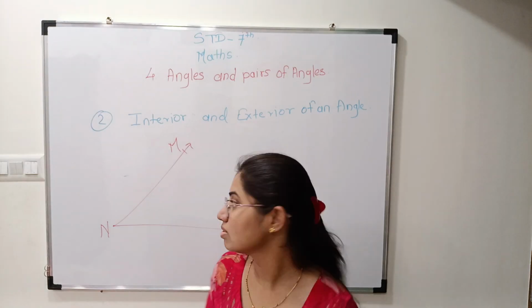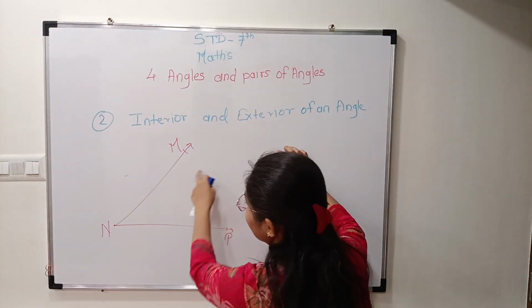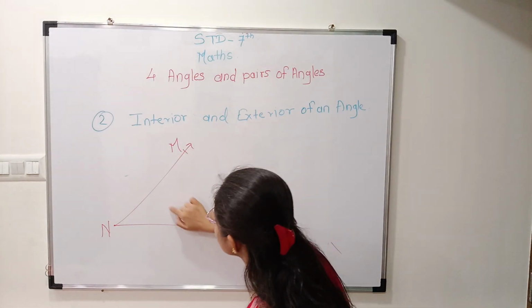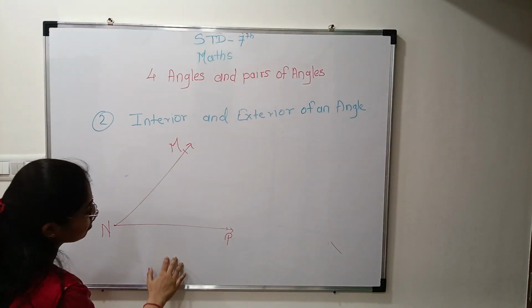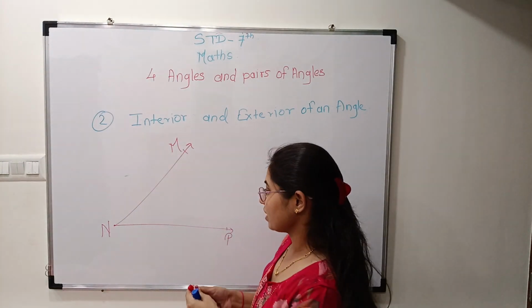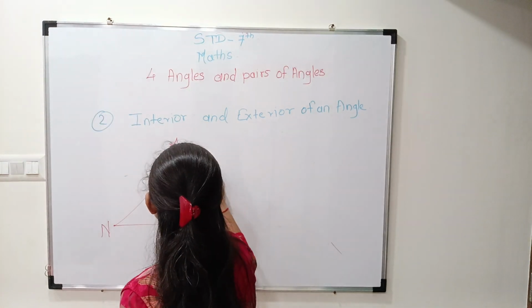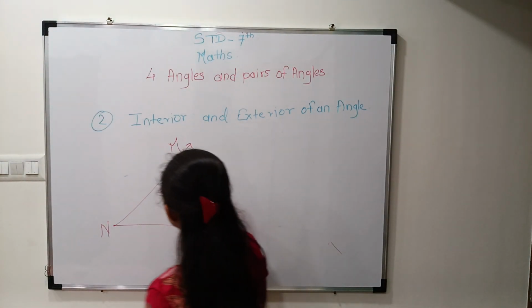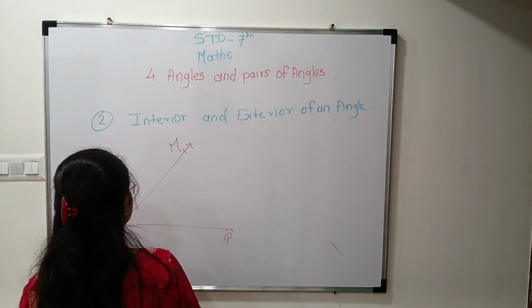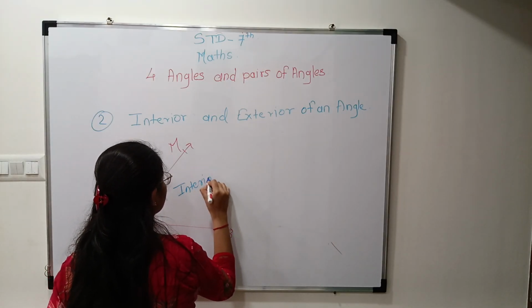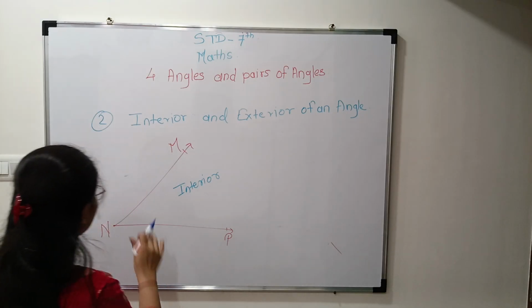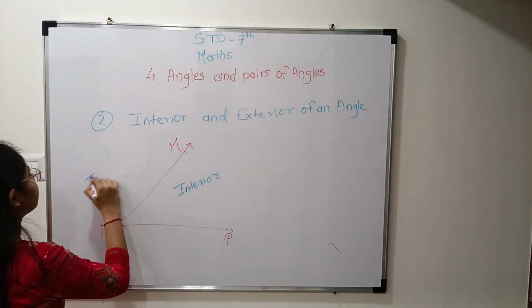That much everyone knows. Now this space which is inside the angle is called interior. And this outside space is called exterior.